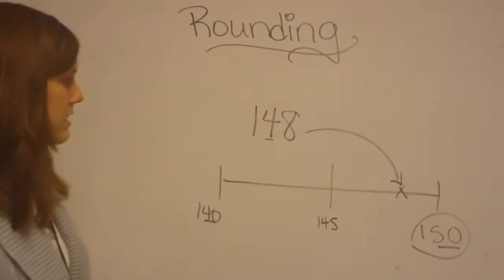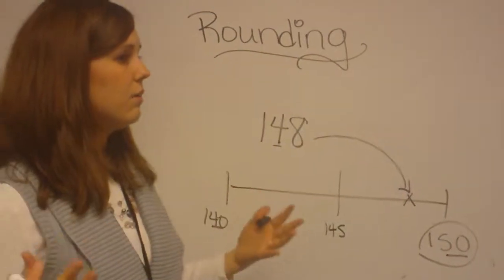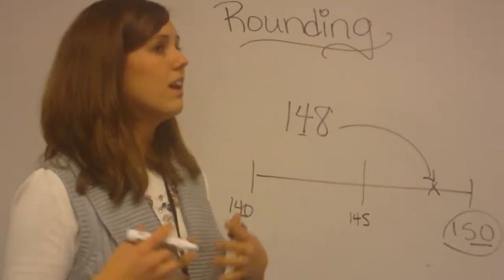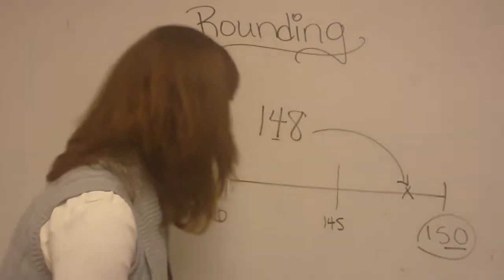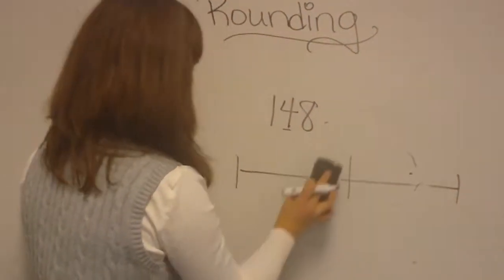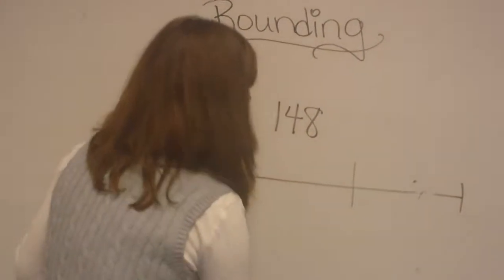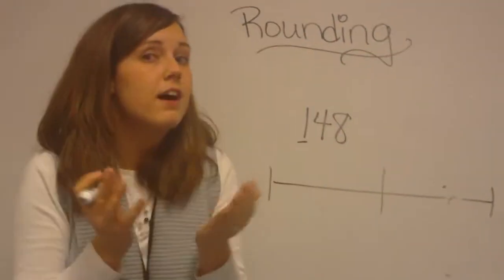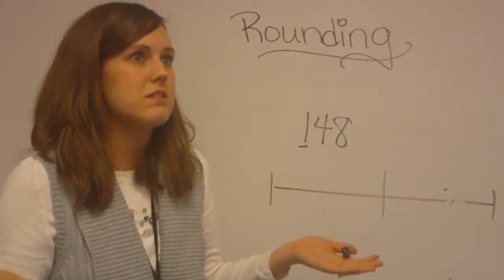Now let's say I need to know the nearest hundreds. I want to know what hundreds it is closest to. Well, same idea, just using different numbers. Now, I want to know what group of 100 that number is closest to.